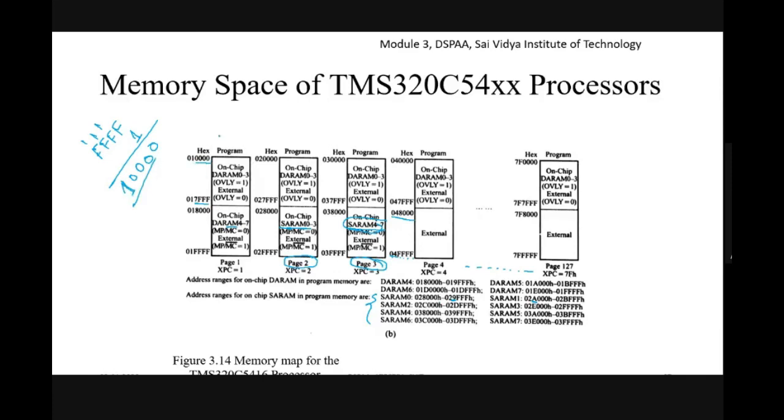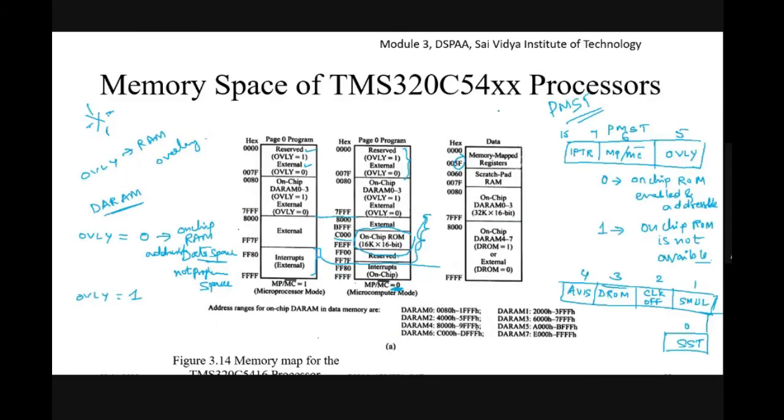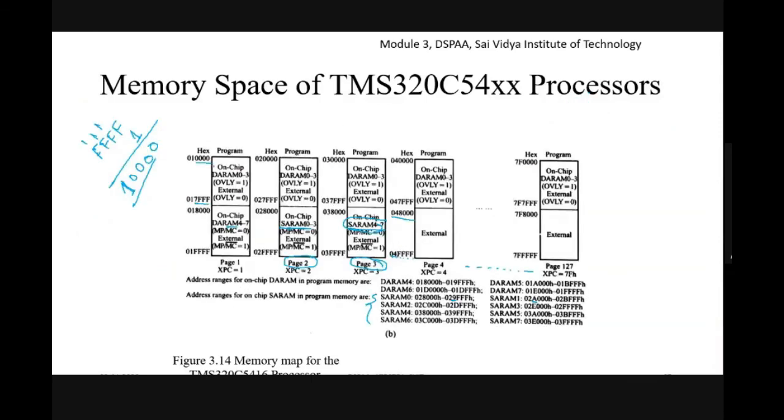Previously the divisions were more, 4 divisions, but in the second one, only page 0 in the microcomputer mode, we have 6 different divisions. So clearly practice the diagram and try to understand the topic, how it is divided. At least see these numbers, it will be very easy to remember.